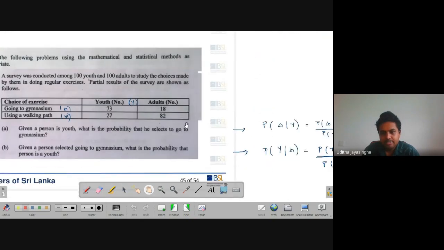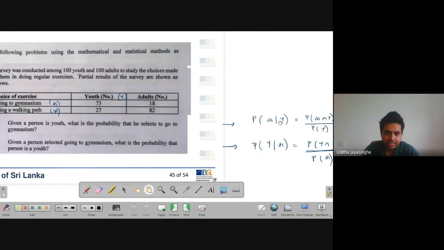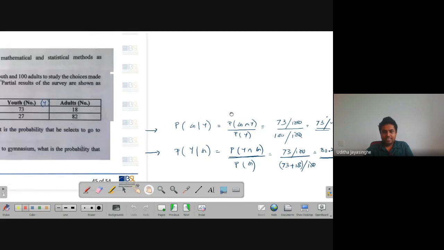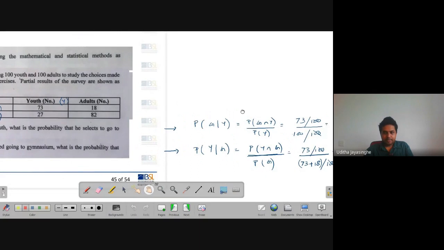So both sides we can comfortably put it in a probabilistic oriented language like this. So the first part is asking for probability of given youth, what is the probability going for the gym? Going to gym intersection youth divided by probability youth. So this part, probability youth, 100 out of 100. Why? It's the selected subset.